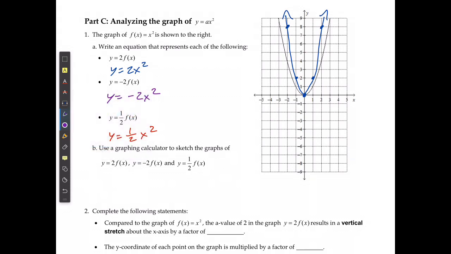When I put in the second one, y is equal to negative 2x squared, this is the first time that we've seen where my graph opens downwards. And for the last one, when I put in y is equal to 1/2 of x squared, then suddenly my graph is getting quite a bit wider.